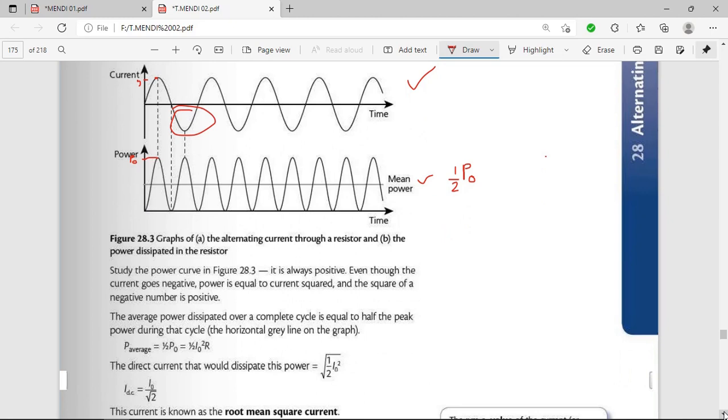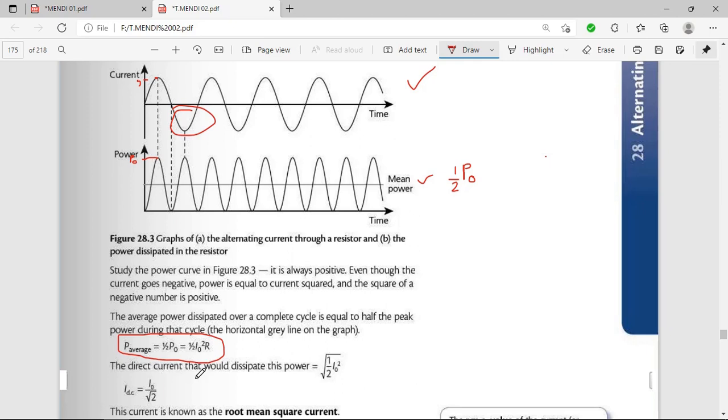If you study the curve above, the power curve is always positive. Even though current goes negative, power is equal to current squared, and the square of a negative number is always positive. What I have highlighted is the average power, which is peak current squared times resistance.